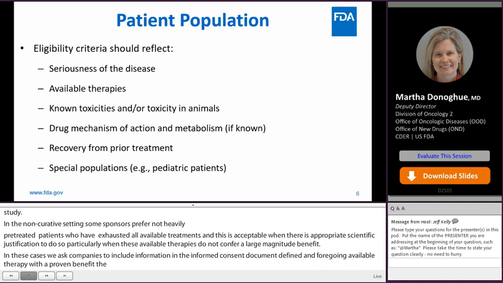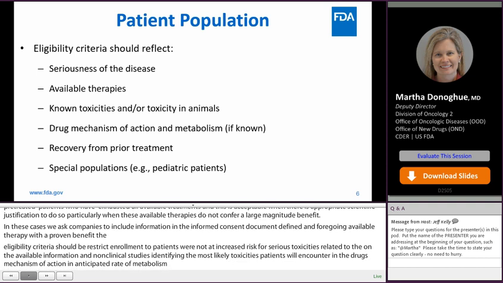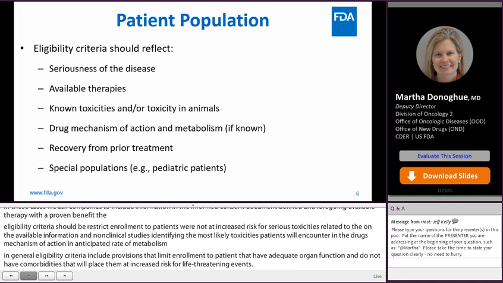In general, eligibility criteria include provisions that limit enrollment to patients that have adequate organ function and do not have comorbidities that will place them at increased risk for a life-threatening event. It is also important to include criteria addressing the timing of enrollment with respect to prior treatments. Lastly, eligibility criteria generally indicate whether special populations, such as pediatric patients, may enroll.